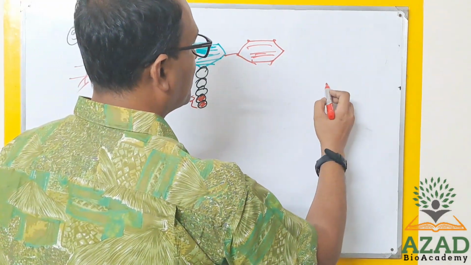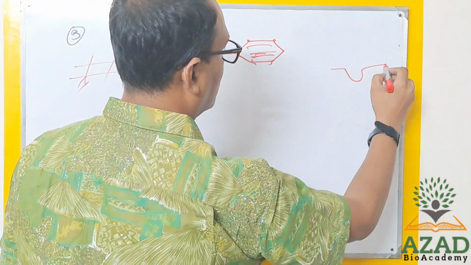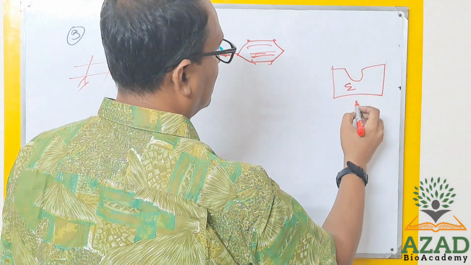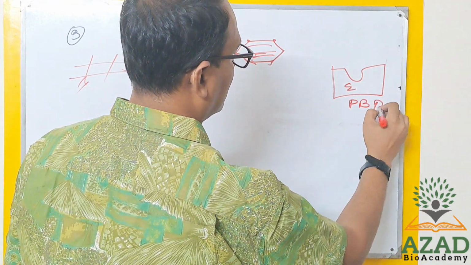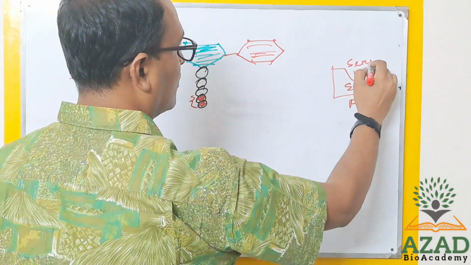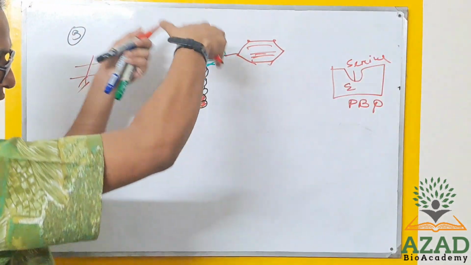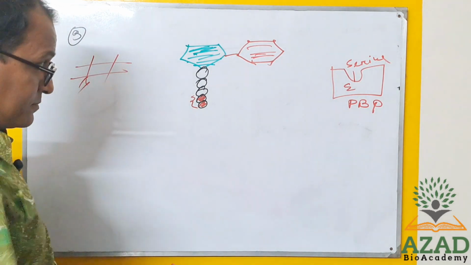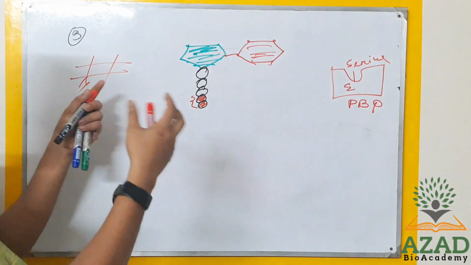Here, this is your enzyme PBP, that is transpeptidase, as I already said, during transpeptidation or cross-linking.